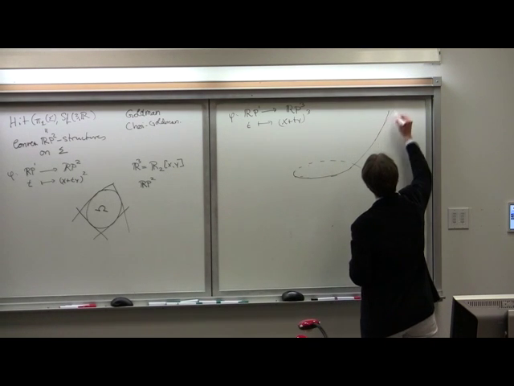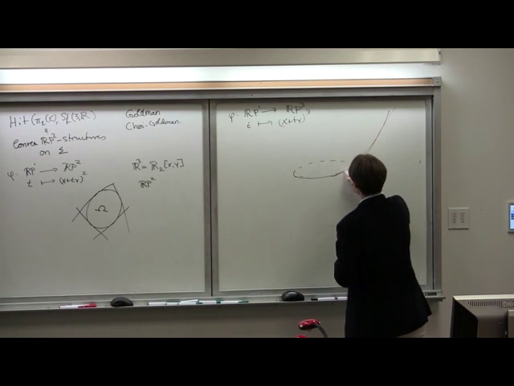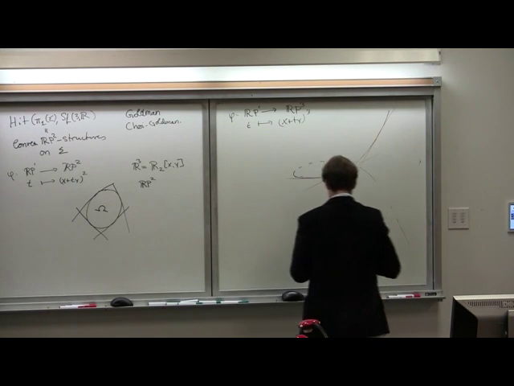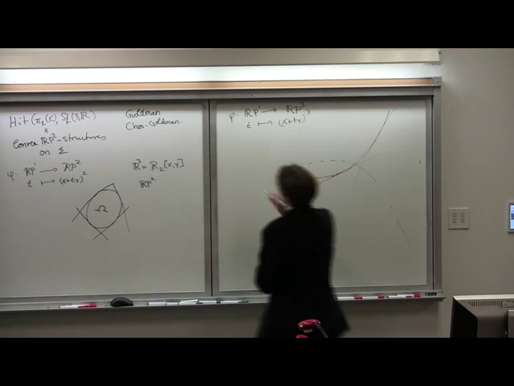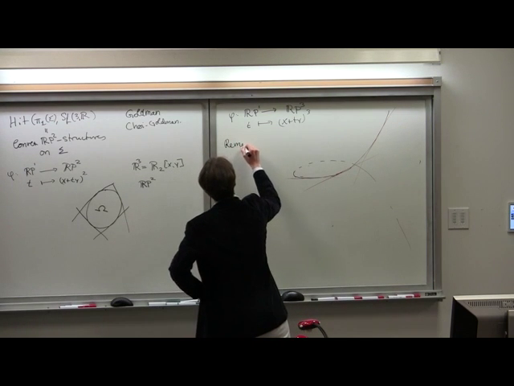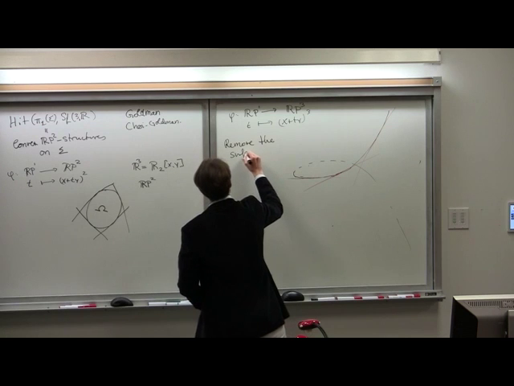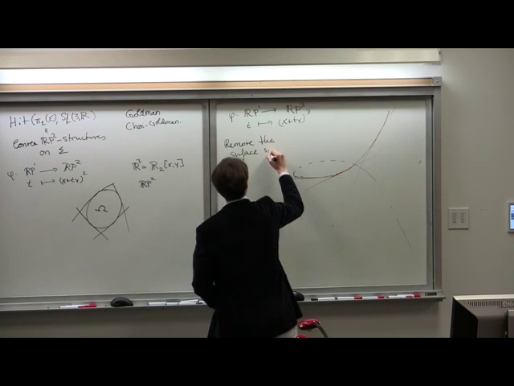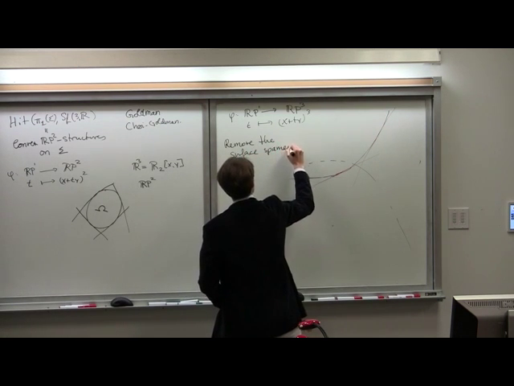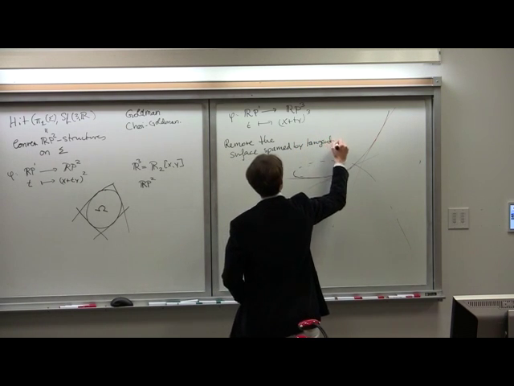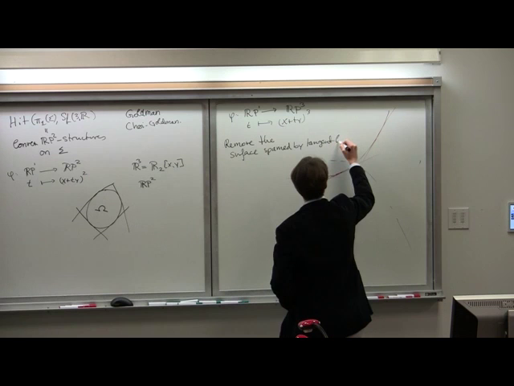So take, remove the surface, so it's a nice ruled surface spanned by tangent lines. Then what do you get?